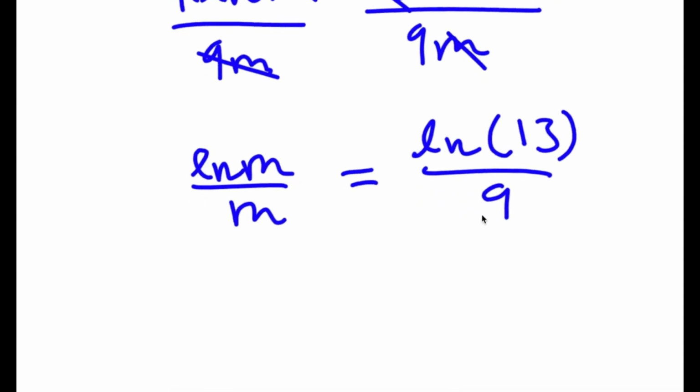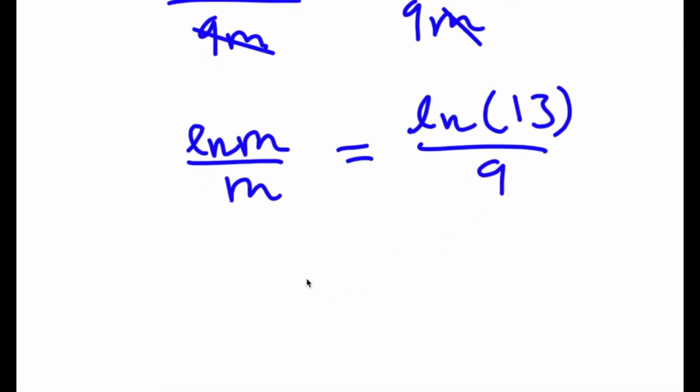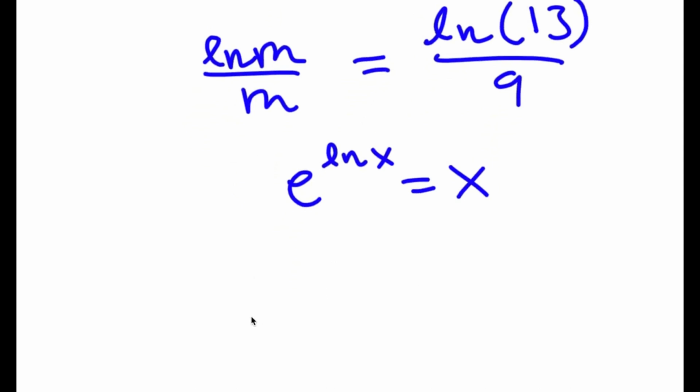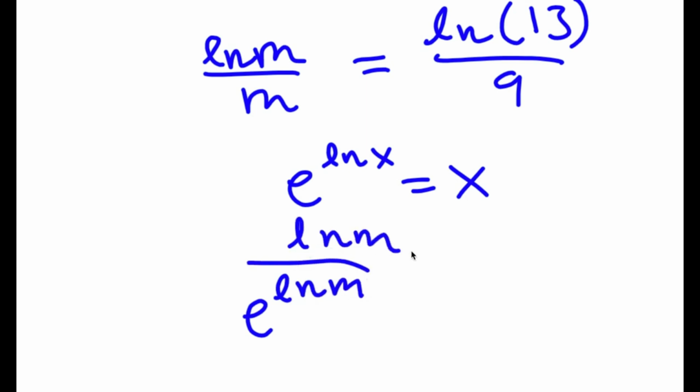Now, if I have e to the power of ln of x, this is actually equal to x, because the e's and ln's cancel out. So m here, e to the power of ln m, this is equal to m. So now I have ln m over e to the power of ln m is equal to ln 13 over 9.